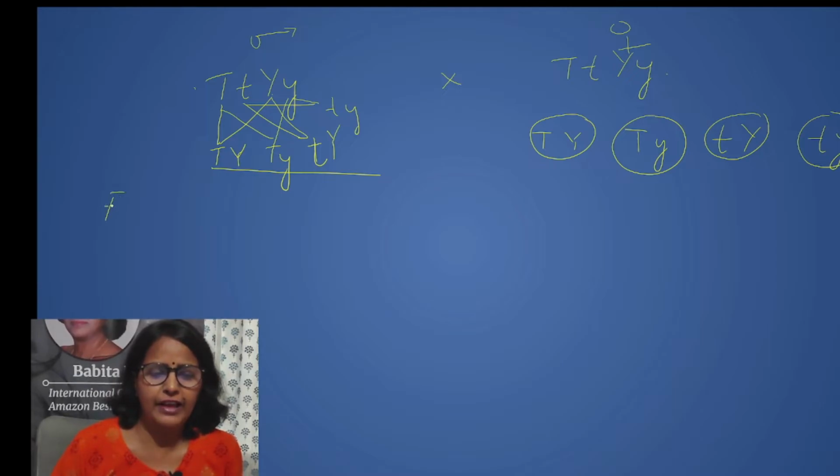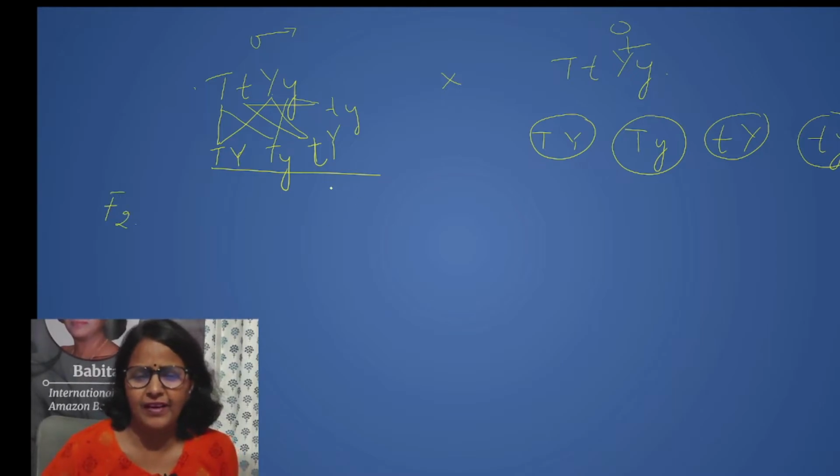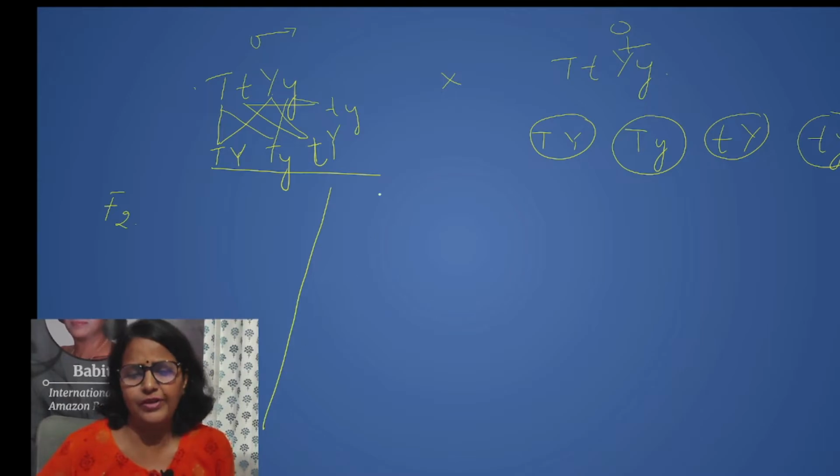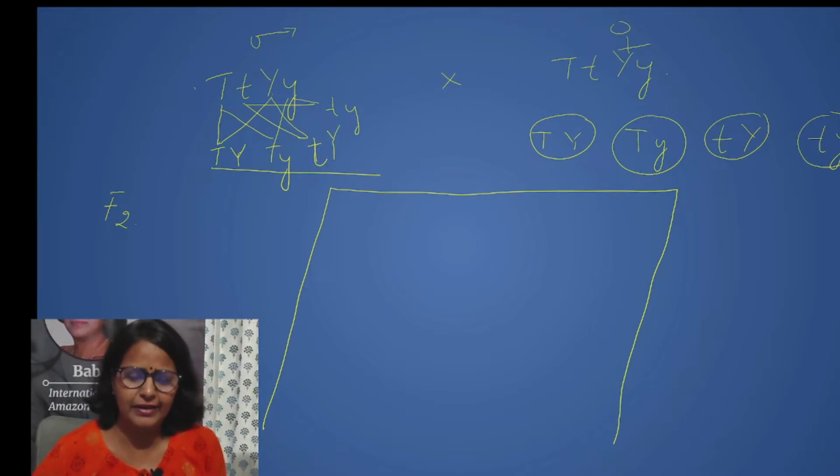So what will be the F2 generation? Let us draw a Punnett square. Again, I am not drawing it well. I am not used to these graphic tablets.